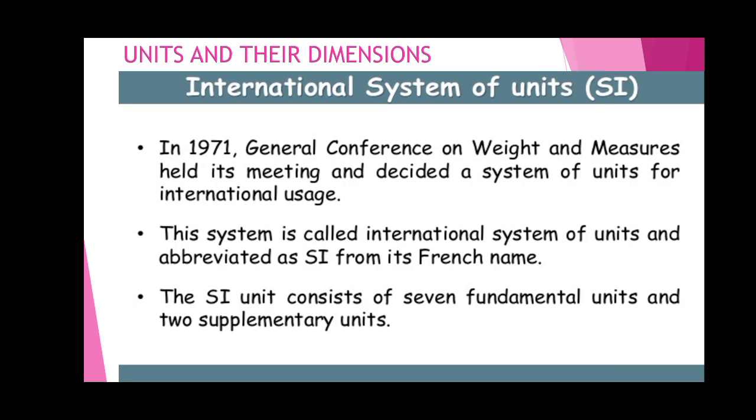Next, the system we are following is the international system of units. In the case of different availability of units, people sometimes got confused. So, in the year 1971, the General Conference on Weights and Measures held its meeting to decide a common unit for international usage.